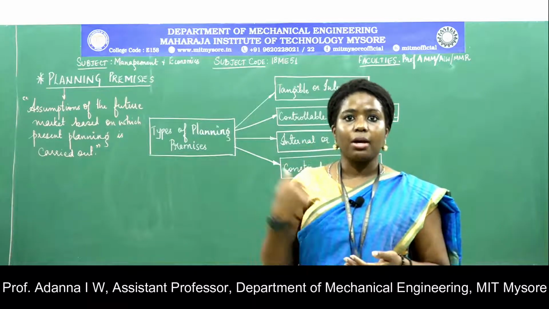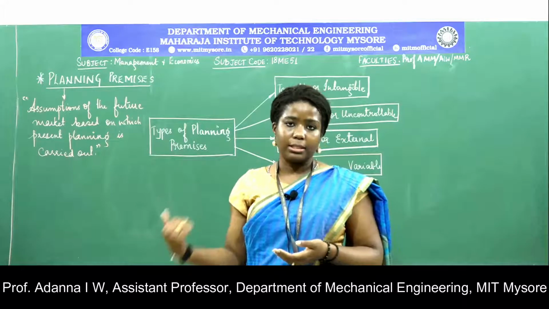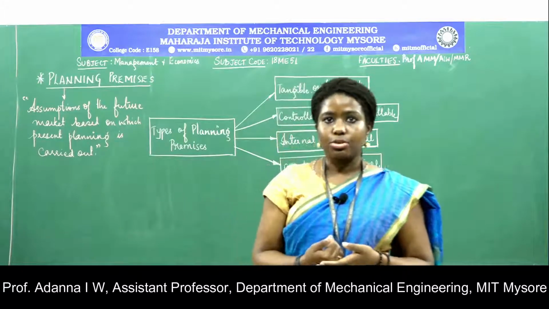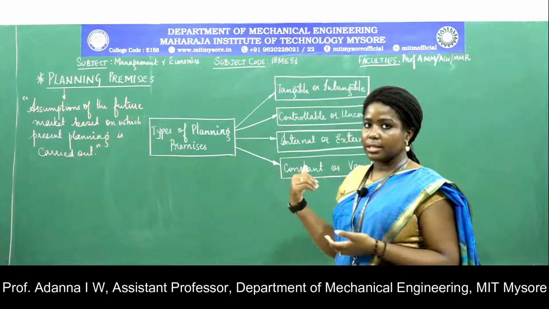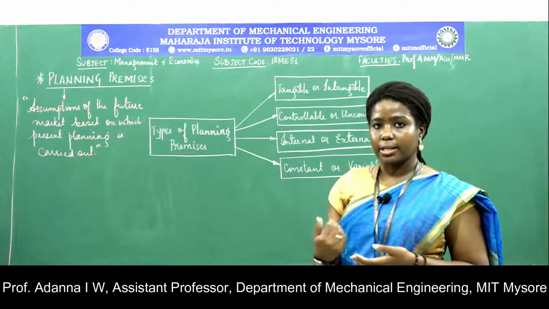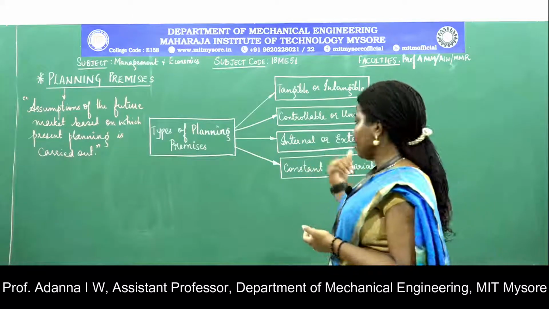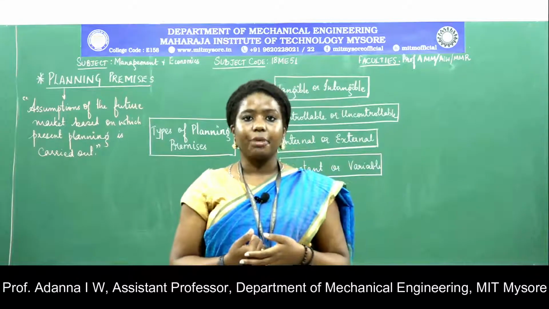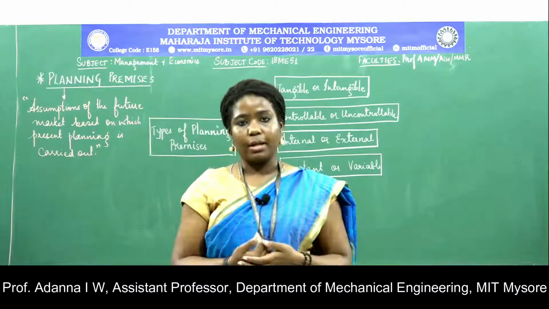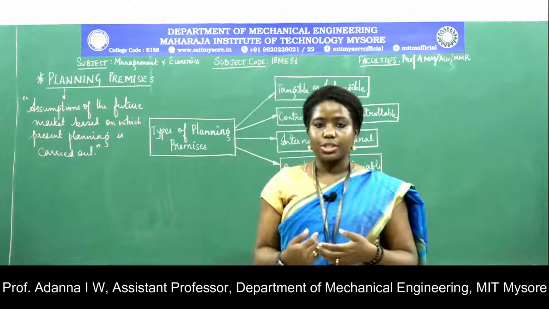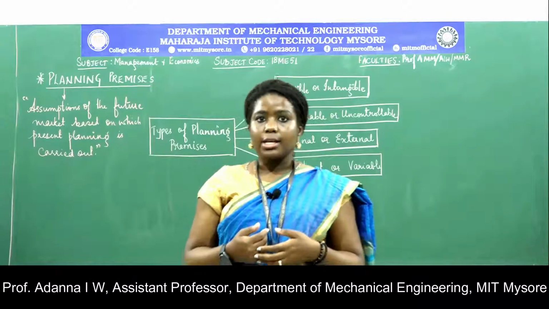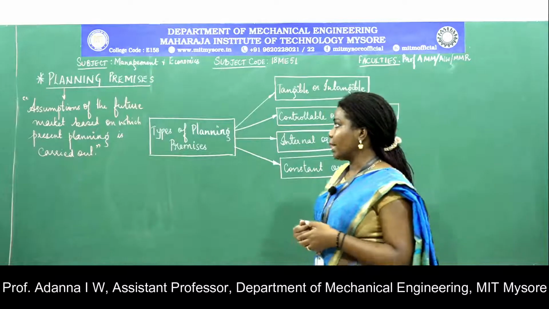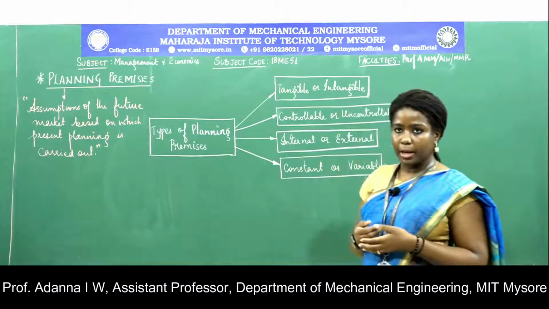So his idle time will be more than maybe another time in the year when he is fit. So constant premises are those which remain unchanged no matter the external environment, and variable premises are those which vary from time to time. They are affected based on many factors. It could be within the organization or external to the organization. So these are the basis on which we make an assumption before we carry out the planning process.